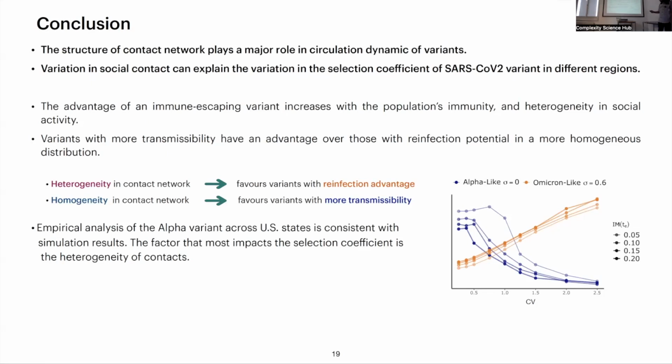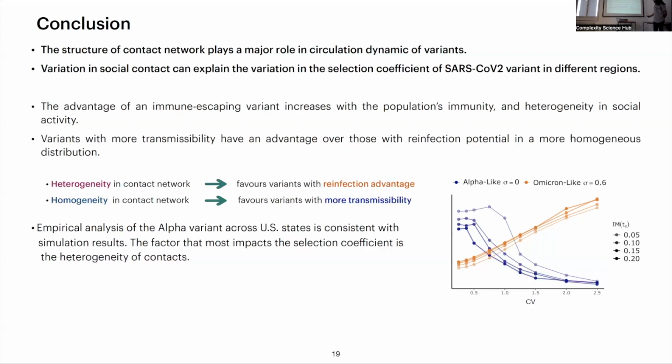And then our simulation shows that heterogeneity would favor a variant with the ability to reinfect, while homogeneity favors a variant with increased transmissibility. And we could find an empirical validation for the case of the alpha variant.